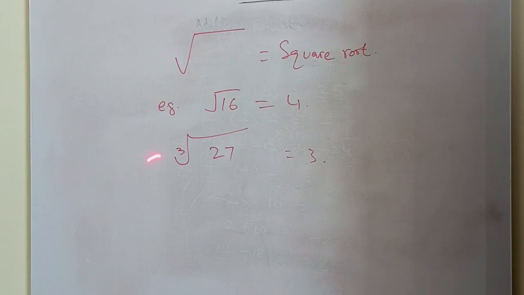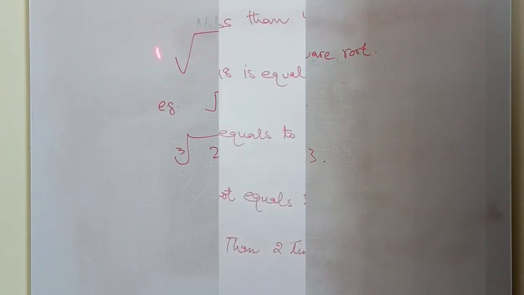If something is written like this, you see that this 3 is written over here, and I have covered 27, then the answer will be 3. That means it is the cube root of 27. But this is beyond the scope of our study today, so we only have to see the square root symbol for today.